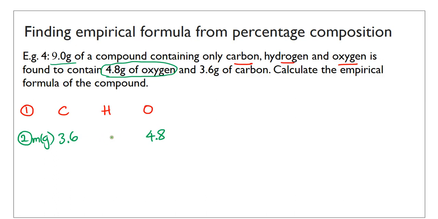You can see here that the actual mass of hydrogen is missing, but you should be able to work it out because the mass of everything is 9 grams. So the mass of hydrogen is going to be 9 minus 4.8 minus 3.6, which is 0.6 grams. So the mass of hydrogen is going to be 0.6.